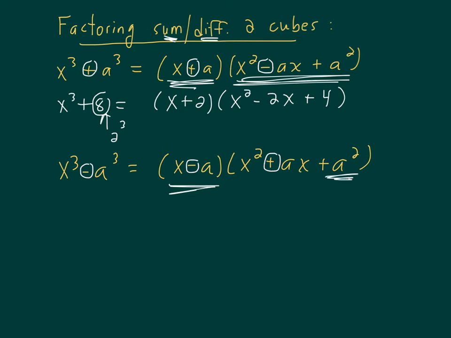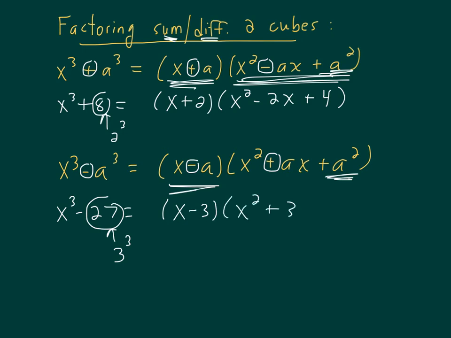Notice the a squared term on the end is positive with each of these. Suppose we wish to factor x cubed minus 27. Keep in mind 27 is really 3 cubed, so the 3 is really the a in the formula. So we would have x minus 3 times x squared plus 3x plus 3 squared, which we'll write as 9.